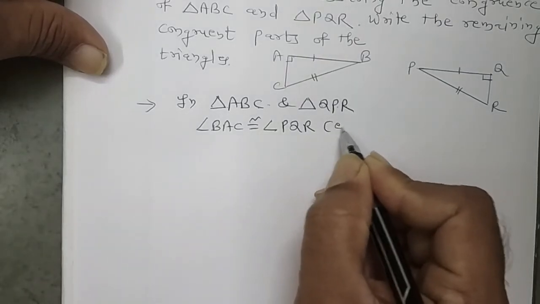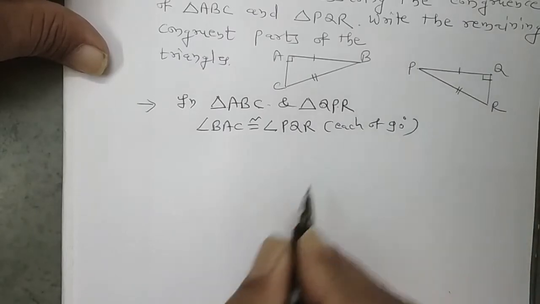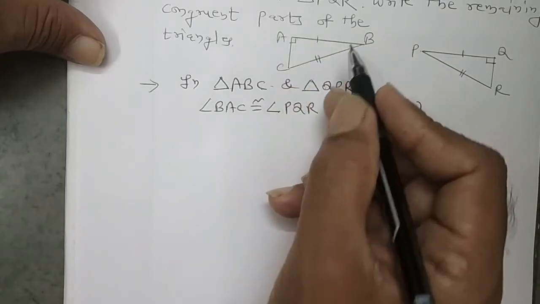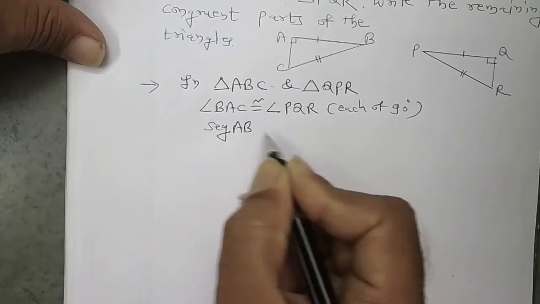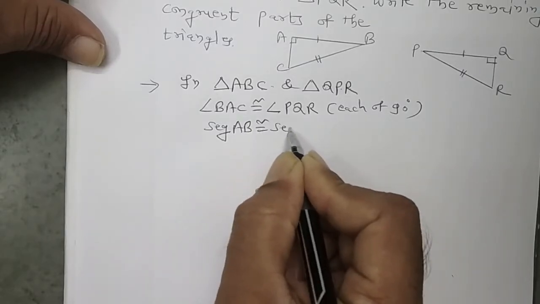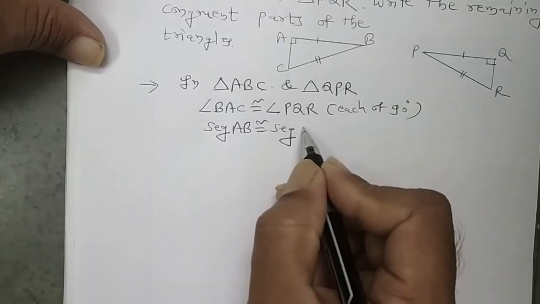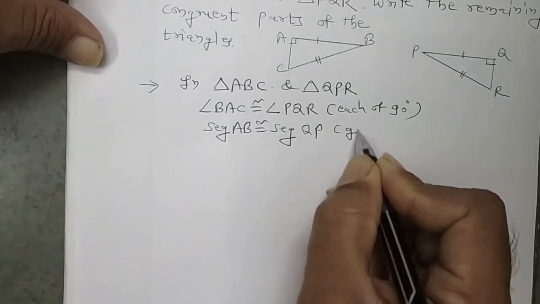Write down each as 90 degrees. Second, segment AB congruent to segment QP, given.